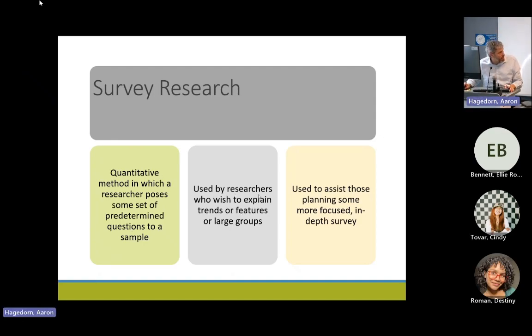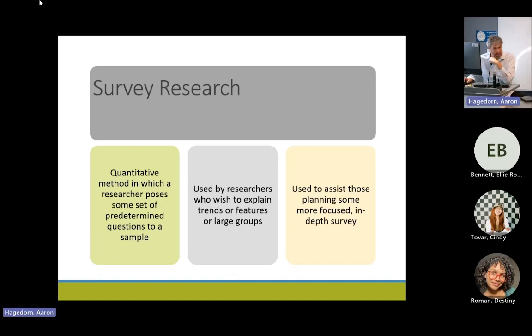So we use it to explain trends or features of large groups. If we interview the same people again and again, it doesn't happen often, but should you have the same people interviewed again and again, it's called longitudinal. We'll see that later on in here. So longitudinal, you're tracking the same person over time, and asking them to take the survey again and again.